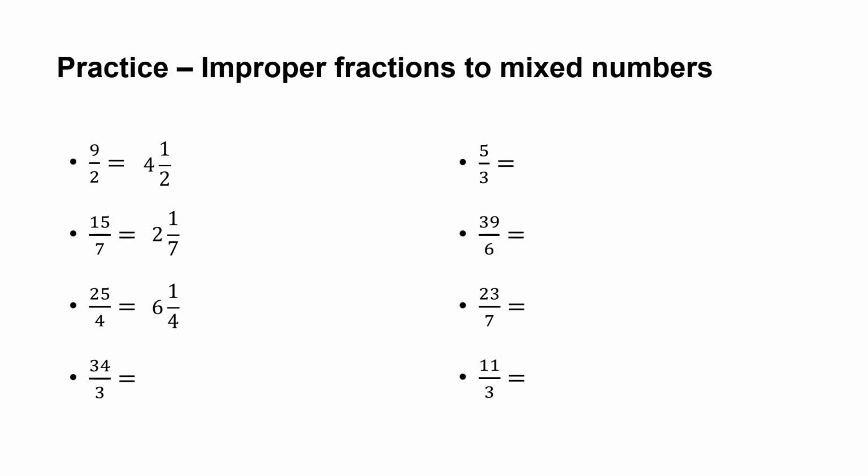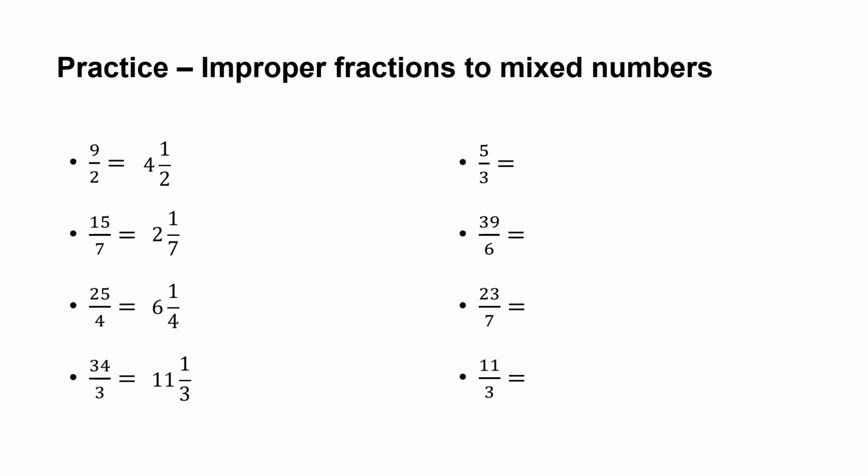Next, we have 34 over 3. So our number term is going to be 11. And then for our remainder, we can rewrite 11 as 33 over 3. So our remainder is going to be 34 over 3 minus 33 over 3, which is a third. So we have 11 and a third.